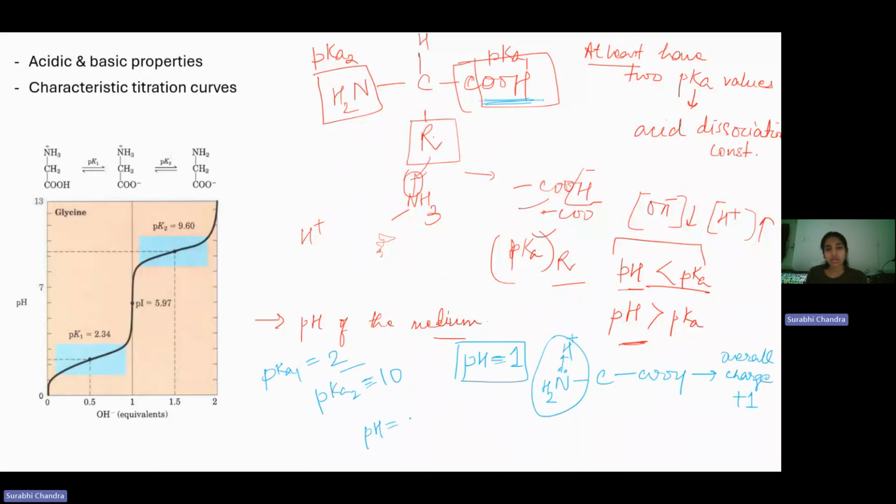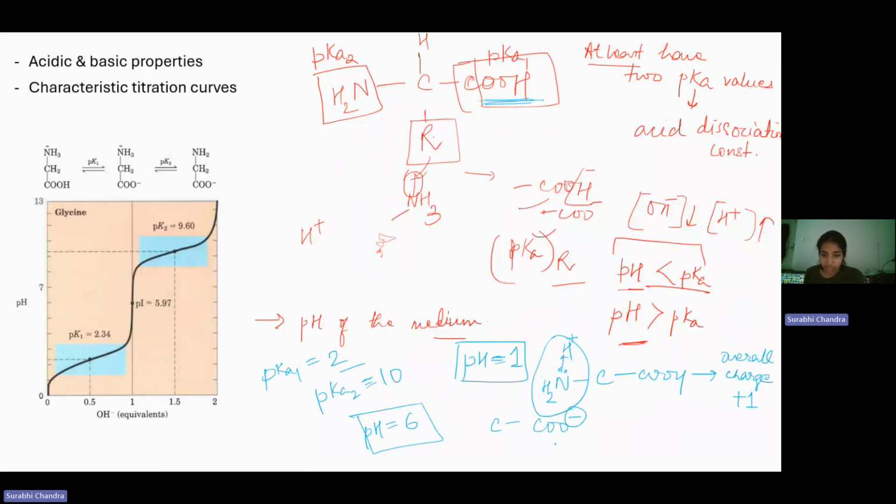Next, suppose now the pH is 6. What will happen? At pH 6, which is greater than the pKa1, it now has more OH minus, so this carboxyl group will try to give away its proton.